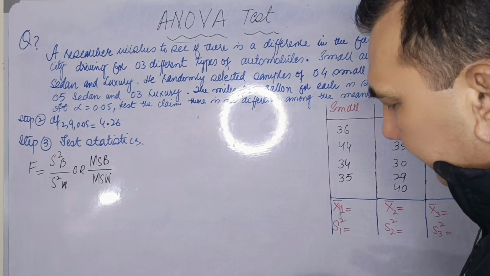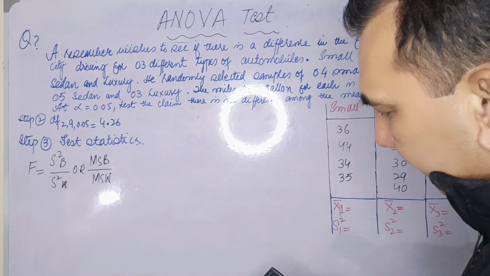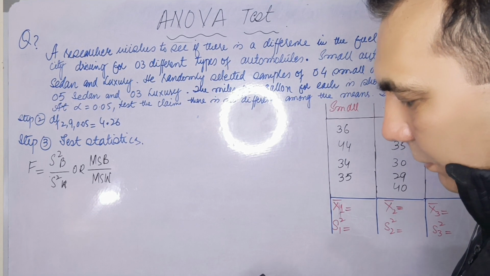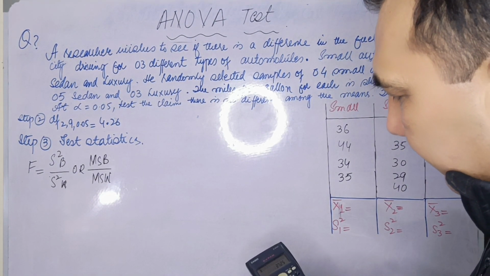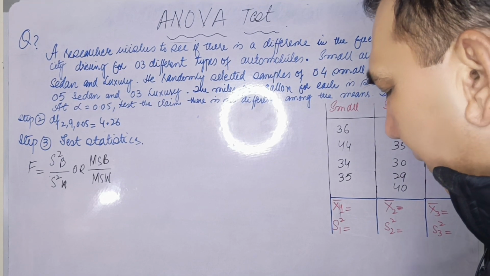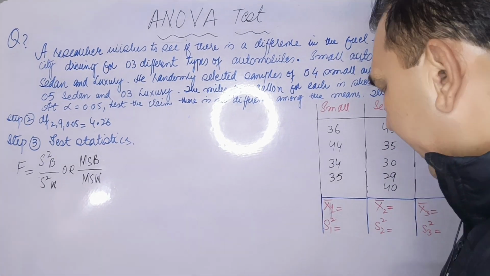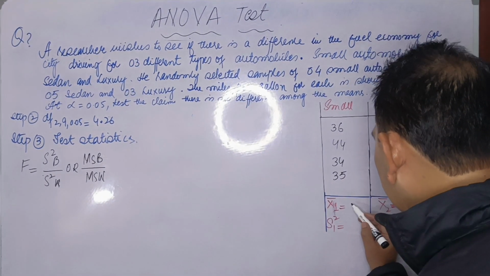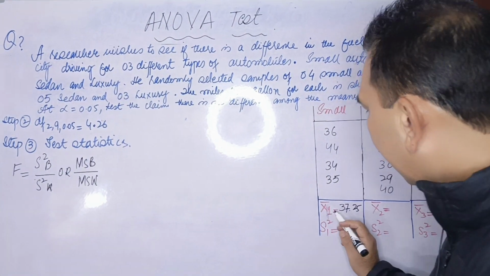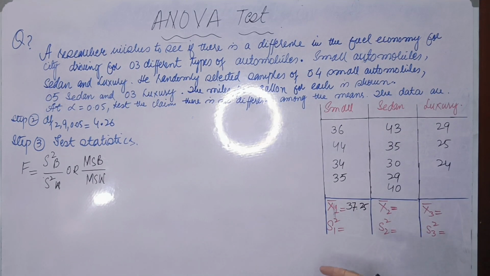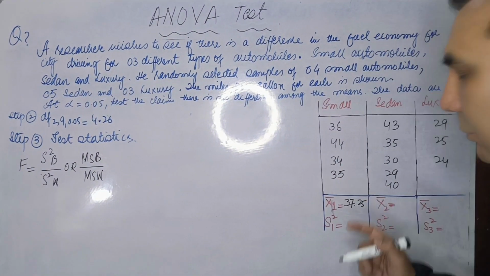Then we press shift and press 2. Now number 1 is the sample mean. Press 1, and 37.25 is the sample mean of the first, small automobile.